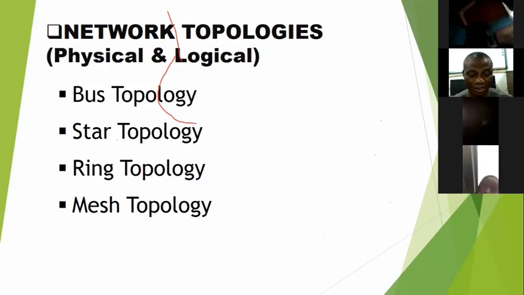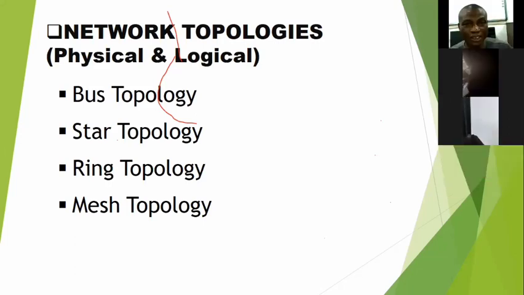So there is a difference between physical topology and logical topology. Physical topology shows how the systems or devices are physically arranged. You can view how they are arranged. It's like the physical architecture of a building, where you see the layout of the rooms, the roof, and all that.